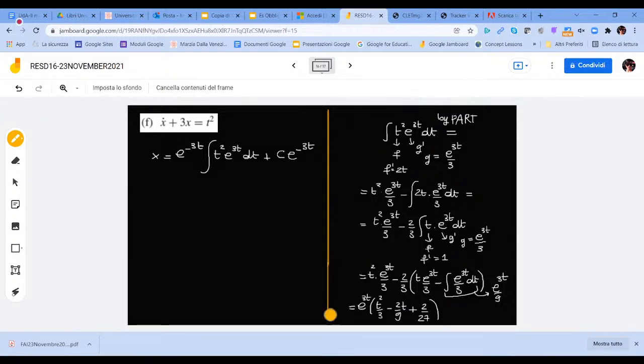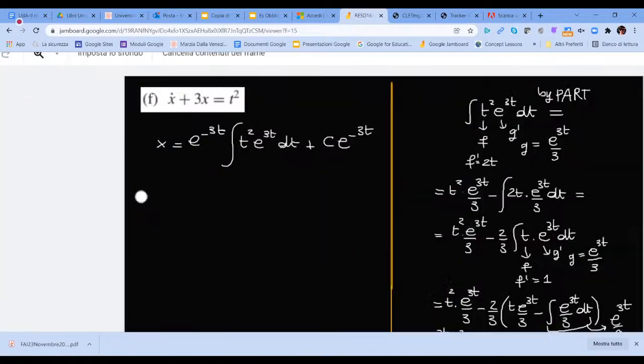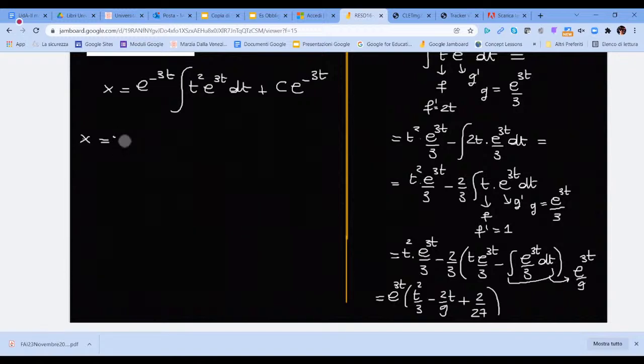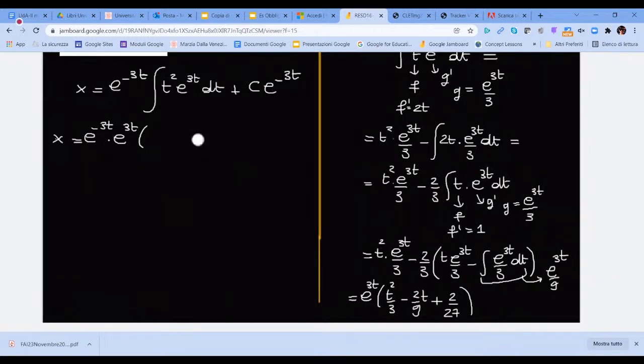Then we have x equals e to the minus 3t times e to 3t times everything in the parentheses, t squared divided by 3 minus 2/9 t plus 2 divided by 27, plus c times e to the minus 3t.